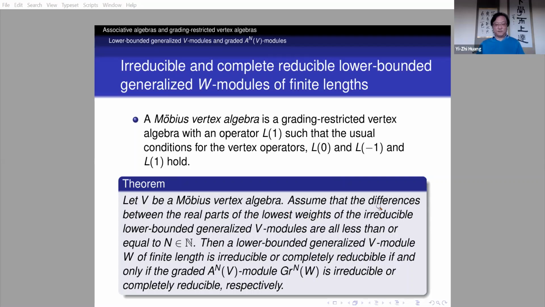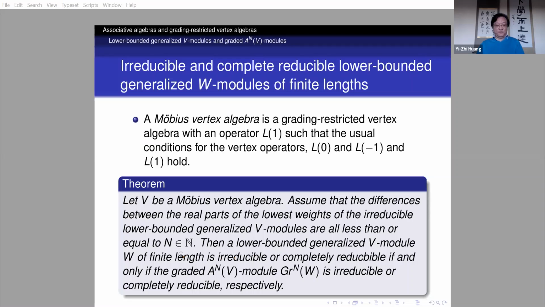In the future, I hope to improve these things, but at this moment, this is what I have: you just look at the differences of the real parts of the lowest weights of the irreducible lower bounded generalized V-modules. If these differences are less than or equal to some capital N, then we have the following conclusion.